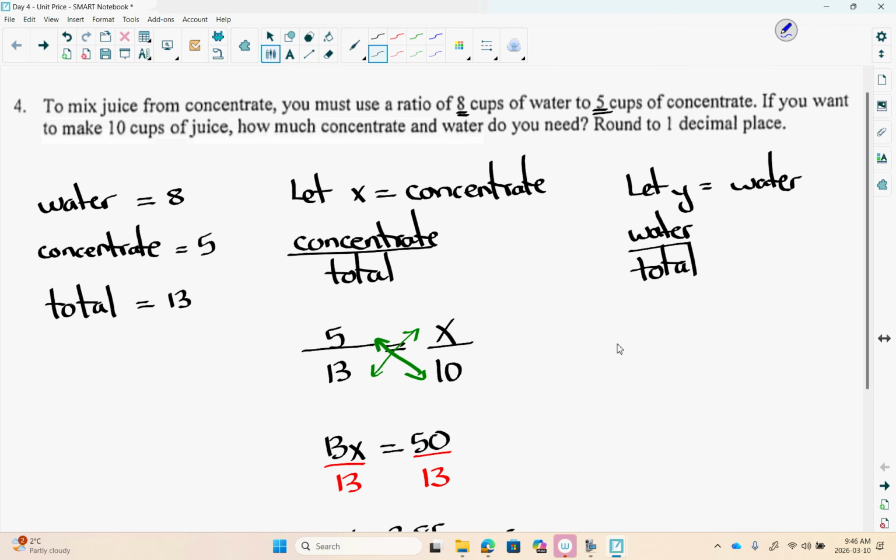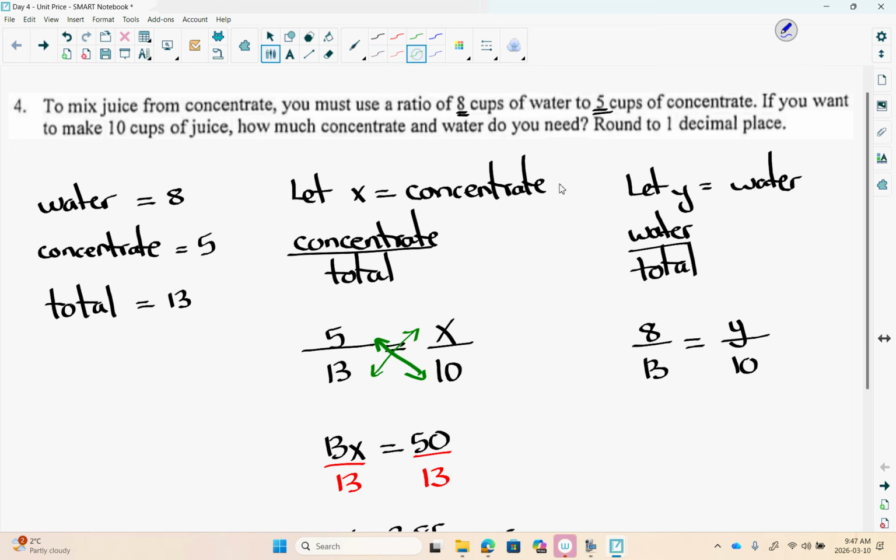How many cups of water? How many cups total? It's going to equal what over what? What do I put on top? The amount of water, Y, that's the unknown, it would take to make 10 cups of the juice.